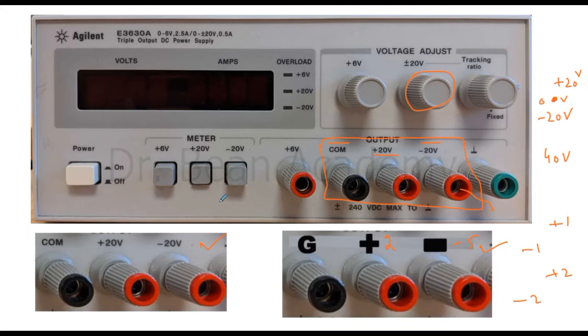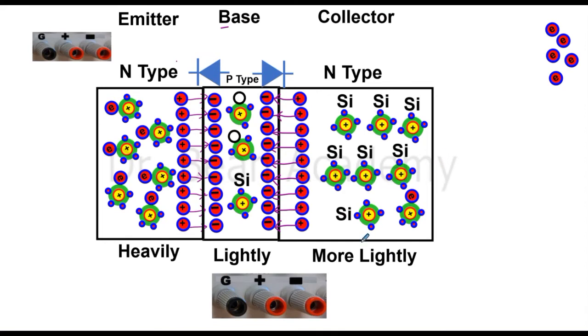So here let's see the analysis. Here I have the power supplies. Just imagine I have two of those power supplies, and I can set the potential at different levels for each. Now I want to do this analysis.